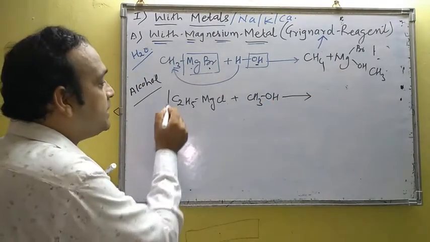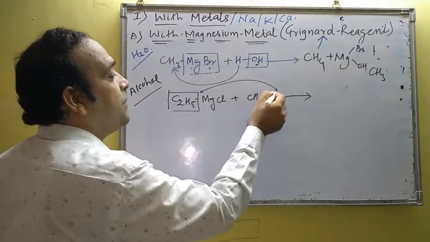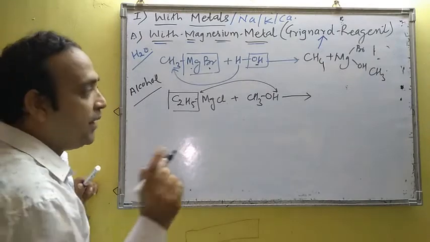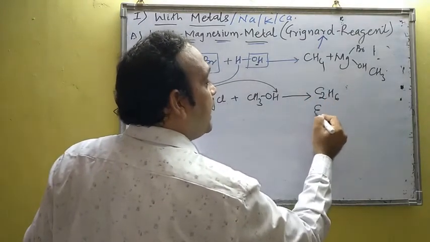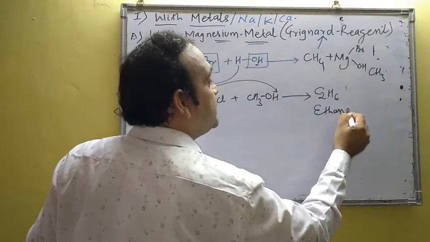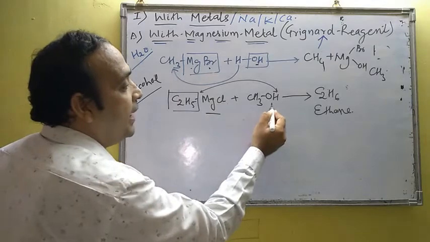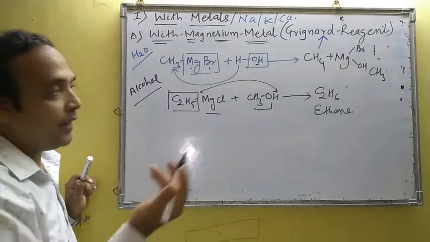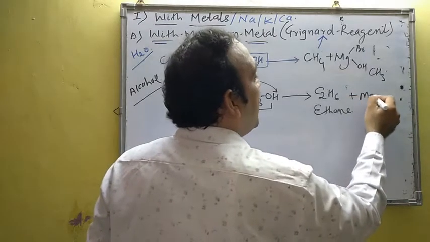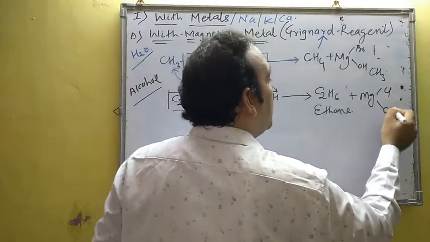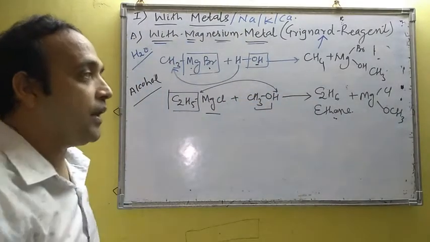Now in this case C2H5 and this H will convert into C2H6, and C2H6 is your ethane. Now my remaining part is MgCl and OCH3. And in this way your alcohol converts into hydrocarbon, and which hydrocarbon is there?